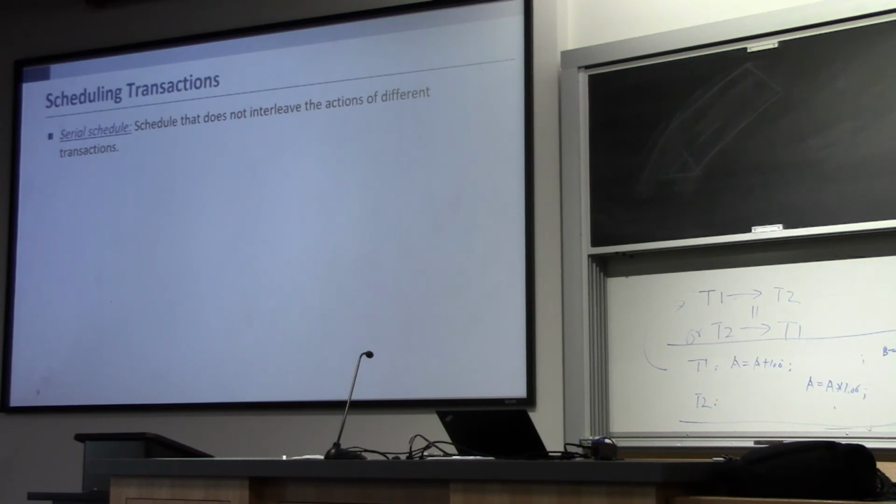Now you are simplified to a sequence of read and write of different objects. You follow that? Each transaction is nothing else but a sequence of read and write on different objects. Okay?